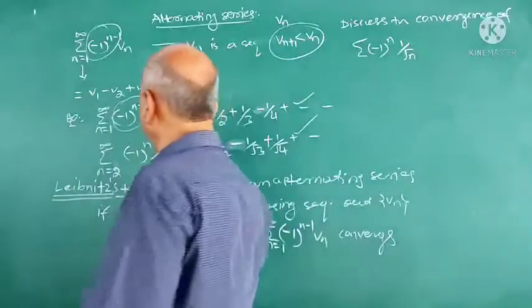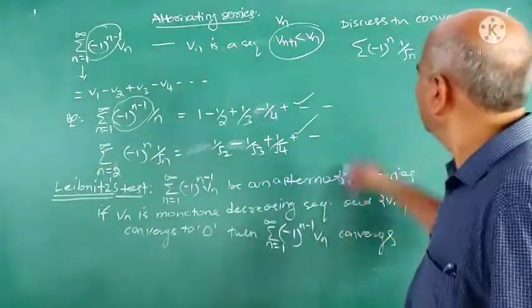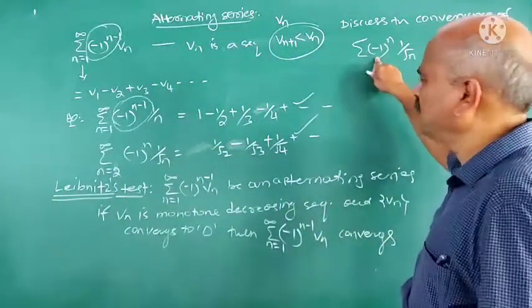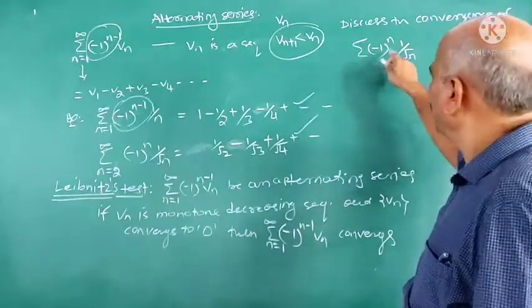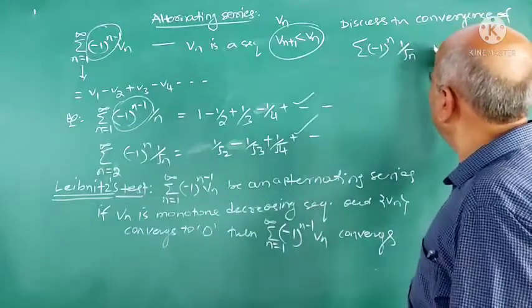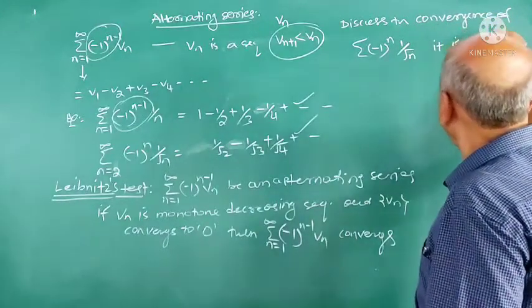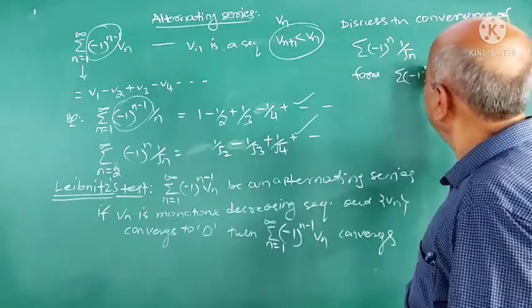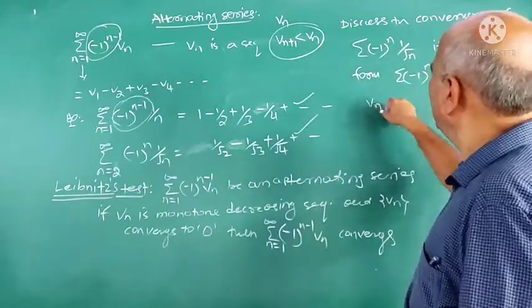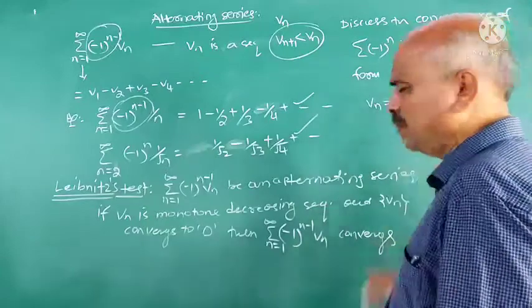N is not given here, we can take 1 to infinity, or 2 to infinity. Minus 1 raised to n, 1 upon root n. It is of the form sigma minus 1 raised to n Vn. What is Vn? Vn is 1 upon root n.